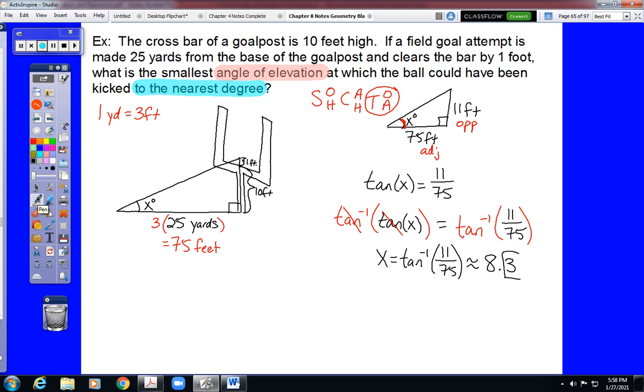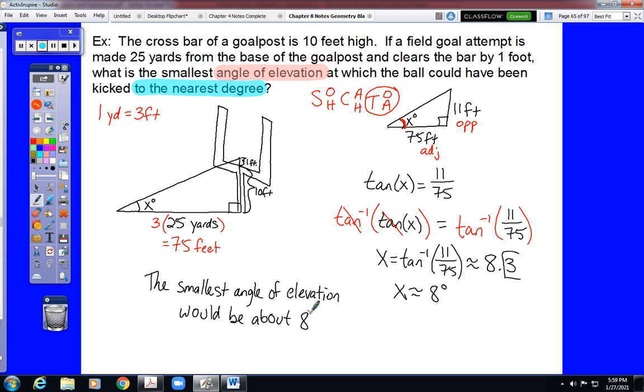So 3 tells us to round down, and that x is going to be approximately 8 degrees. So we would say, in words, the smallest angle of elevation would be about 8 degrees.